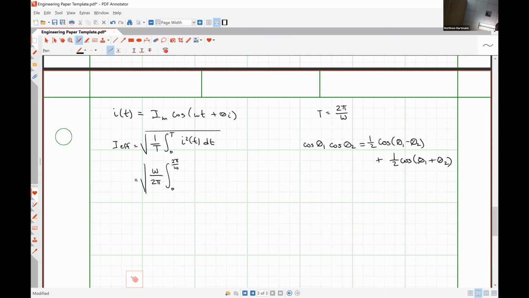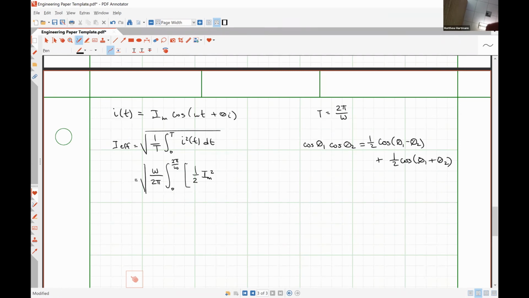So that's going to give us 1/2 Im squared, and then cosine of theta 1, where theta 1 is omega t plus theta I, minus theta 2, which is the same thing.